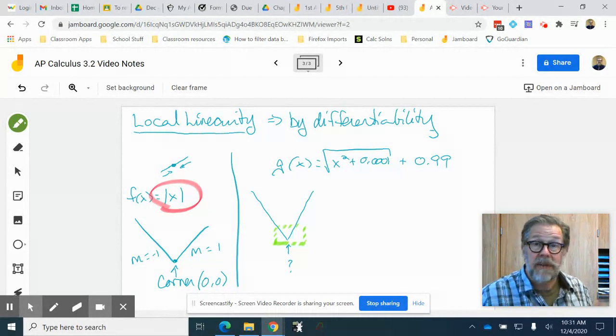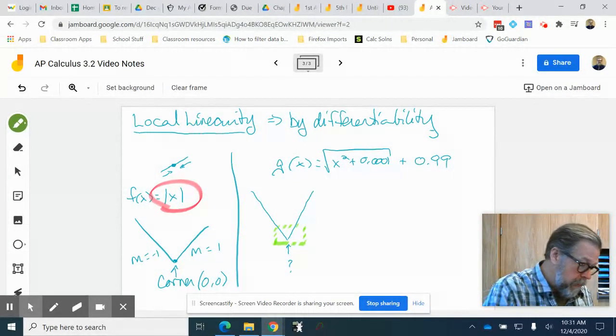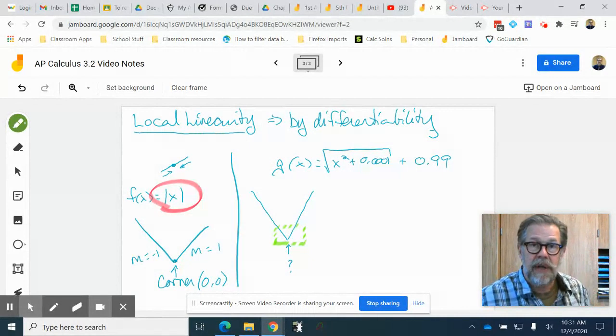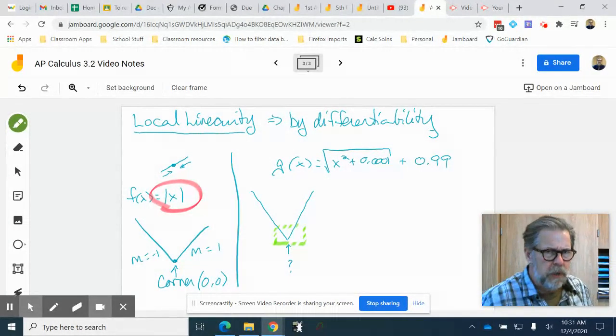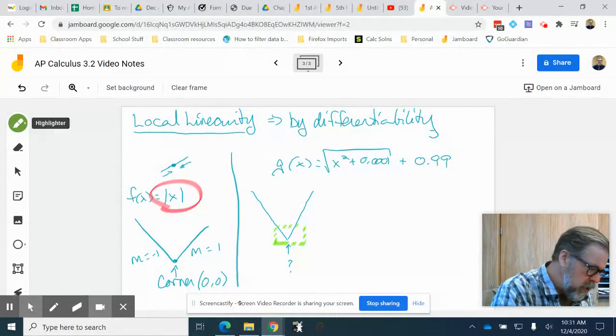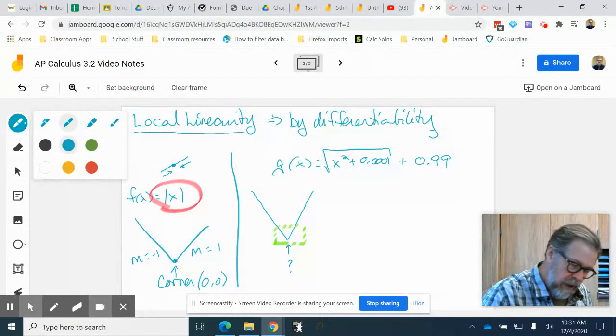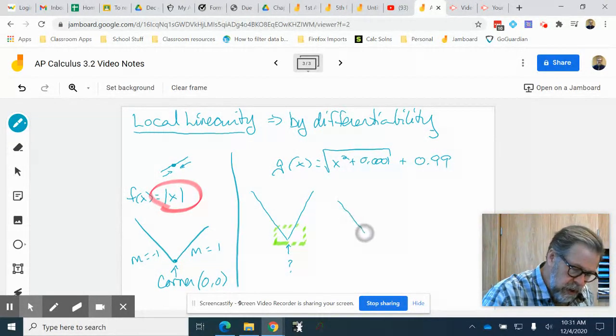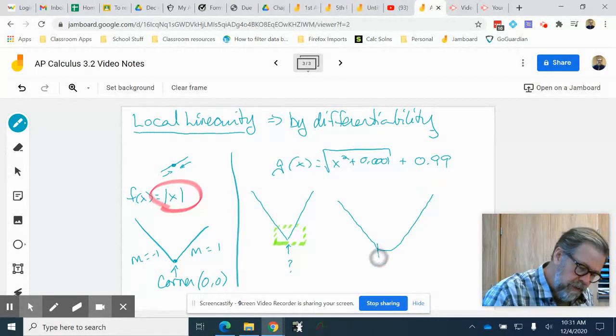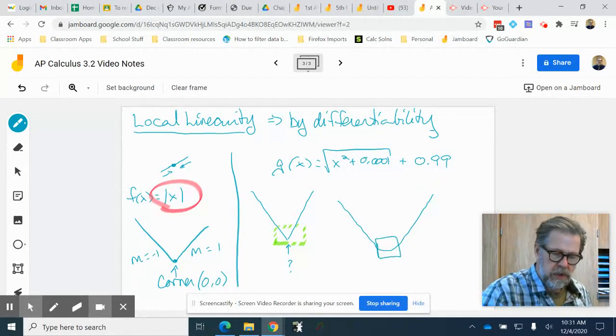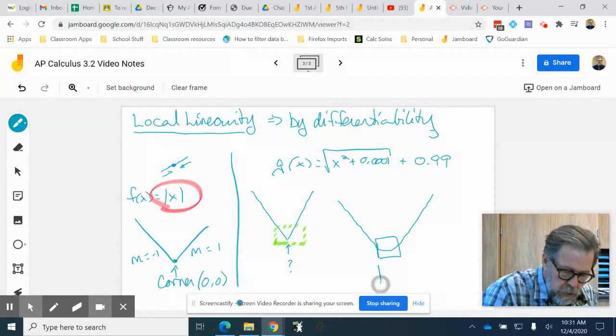It might take you 7 or 8, 9 zooms, but what you eventually find, and I'll assume that you paused and did this, is that this function, if you zoom in far enough, looks like that. And if you zoom in even further, eventually it looks like that.